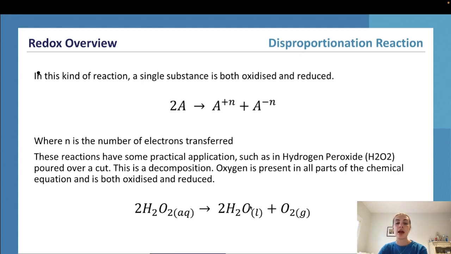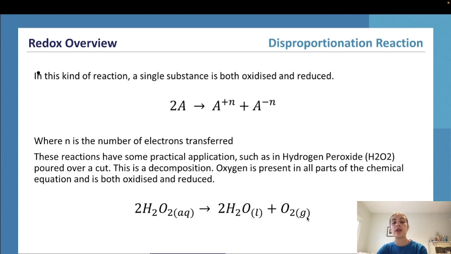But this oxygen atom has gone from a minus 1 charge to a minus 2 charge, and so we can say that it has gained an electron per oxygen atom.